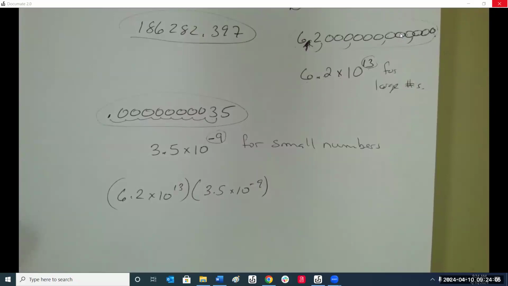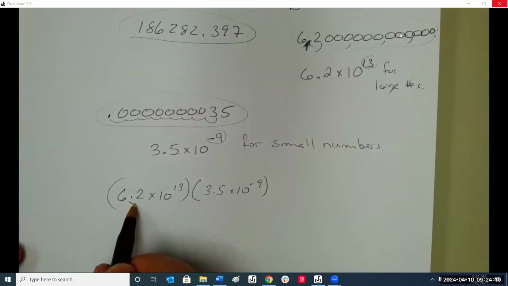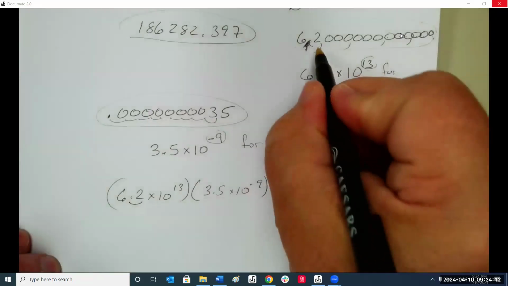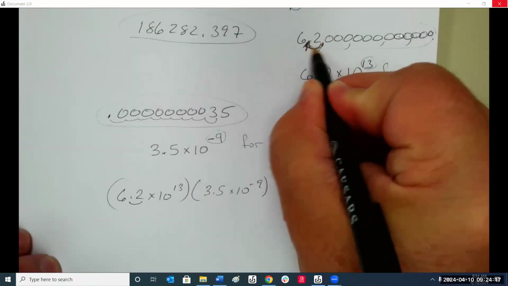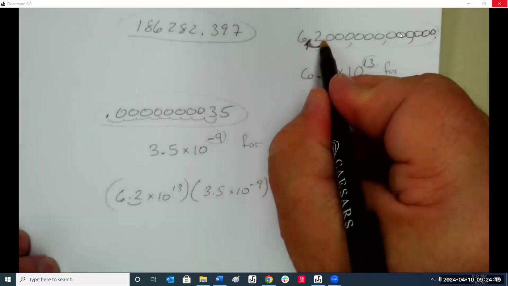Remember our rule about multiplying decimals? If we move this decimal from here to there, it's no longer 13.